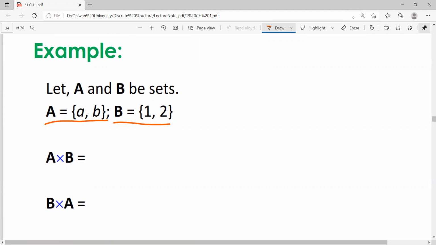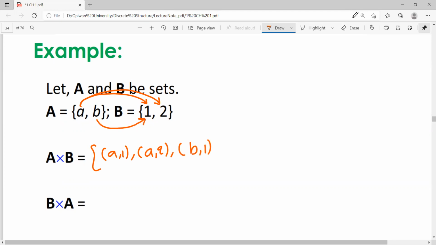If A and B are not equal, then A times B doesn't equal B times A. For the first one, A times B, we are going to write it down as pairs: (a,1), (a,2), then (b,1), and (b,2).